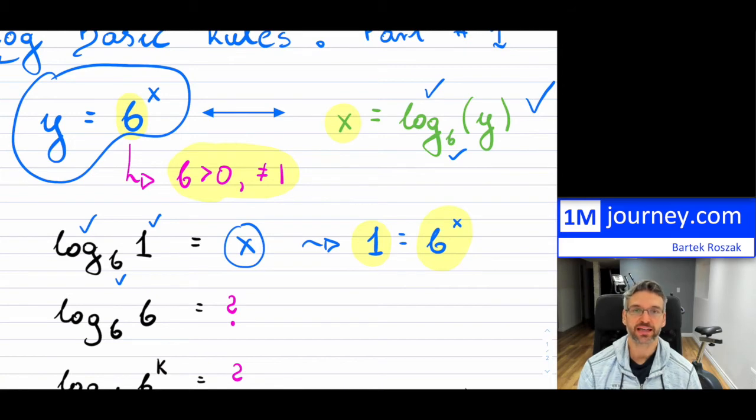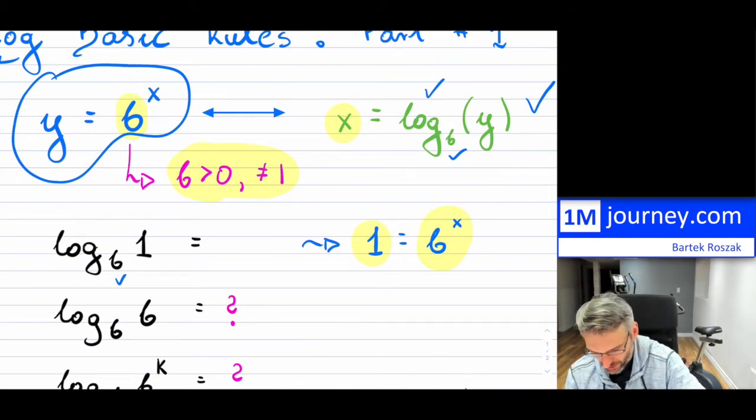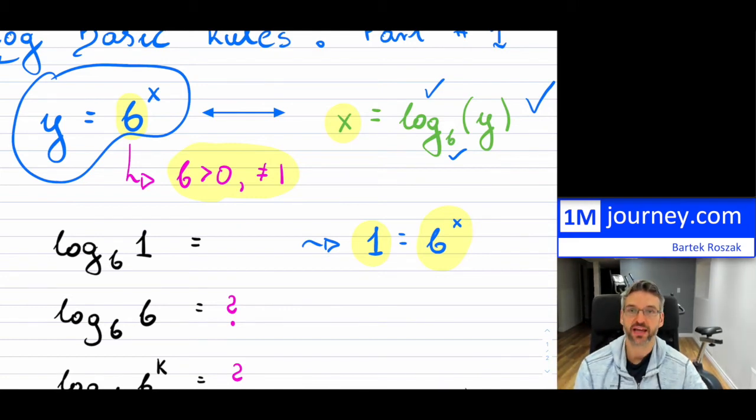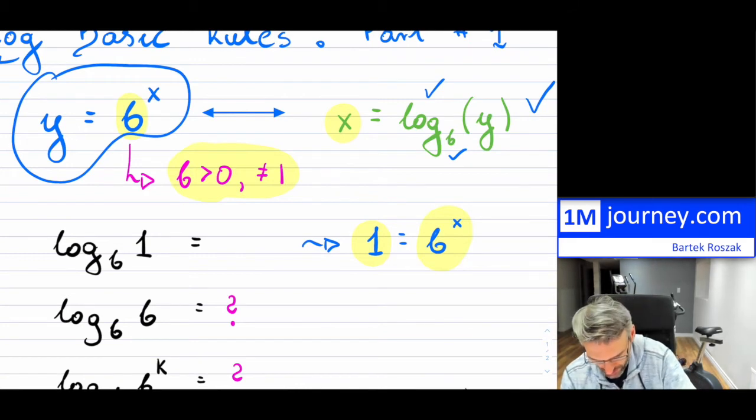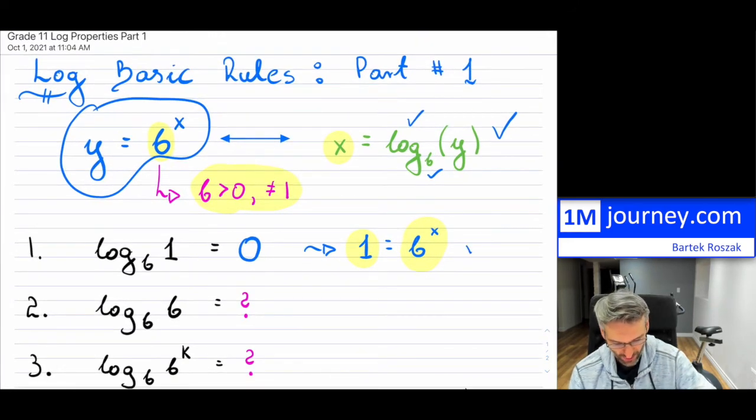Because if we take any base and raise it to the exponent of 0, the answer will be 1. So for log of any base, taken of 1, your answer is always going to be 0. That's the first rule, and it comes directly from right here.